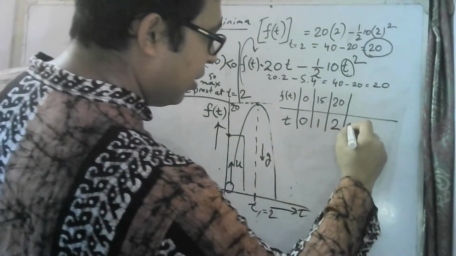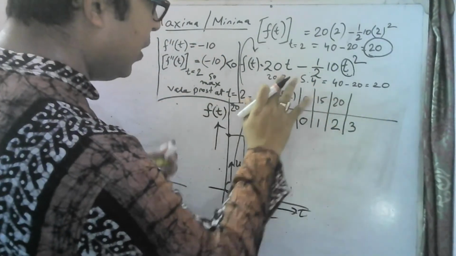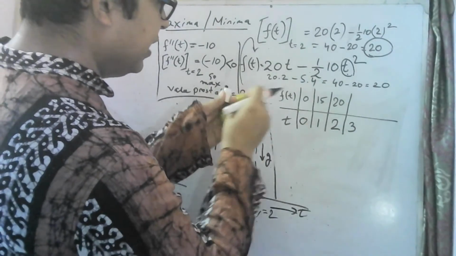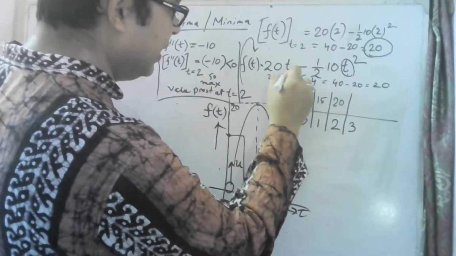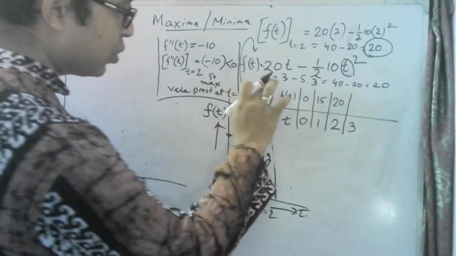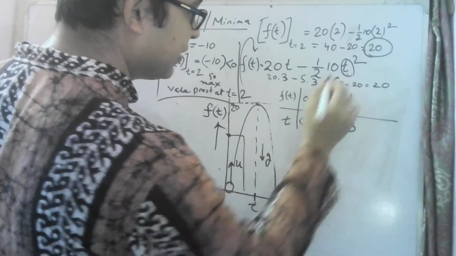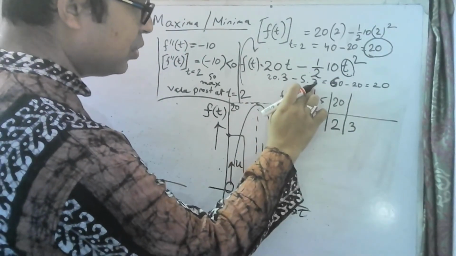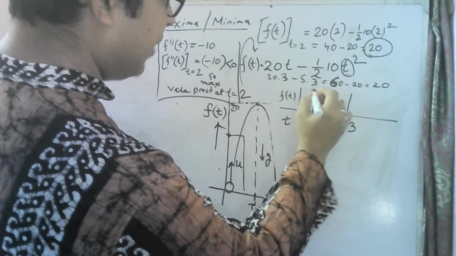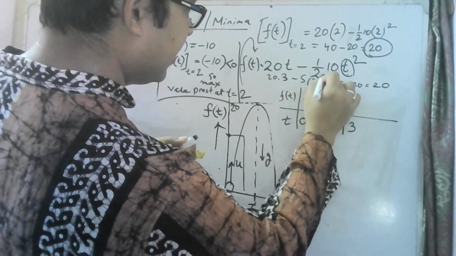Okay. Now let it be 3. See how the value is. So at t is equal to 3, this value will be 3 and this value will be 3. So 20 into 3, that means this is 60. And this is 5 into 3 squared.